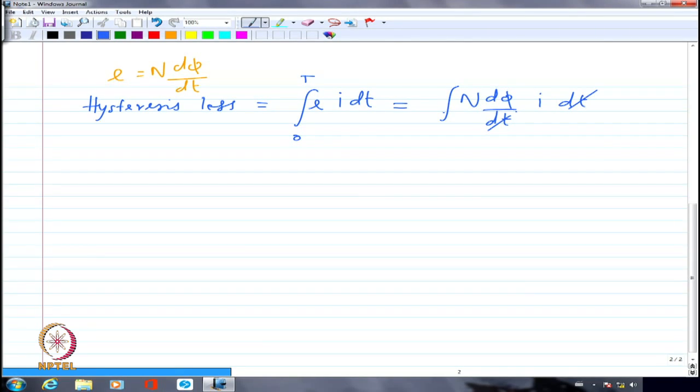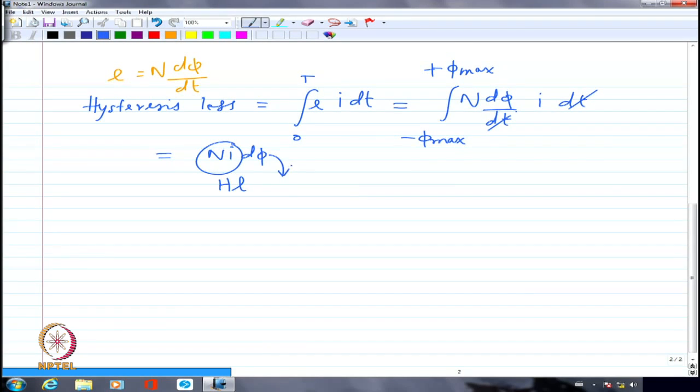I can simply write this as NI d phi integrated from probably minus phi max to plus phi max, if I write it for the entire flux, if I plot flux versus I, rather than plotting B versus H. So I can replace this NI by HL.